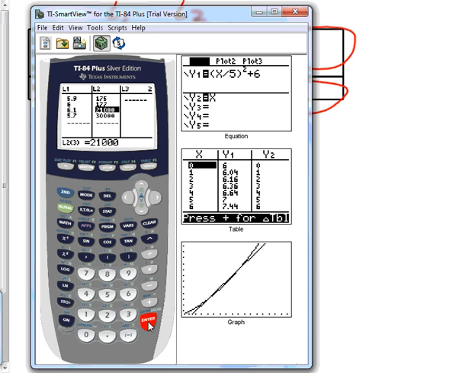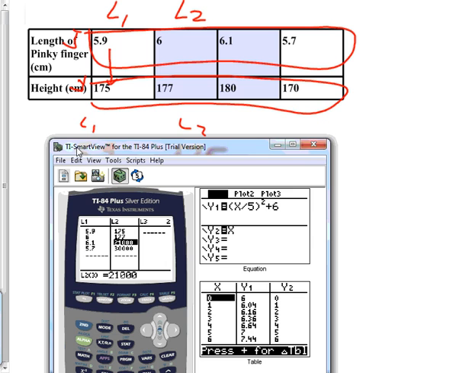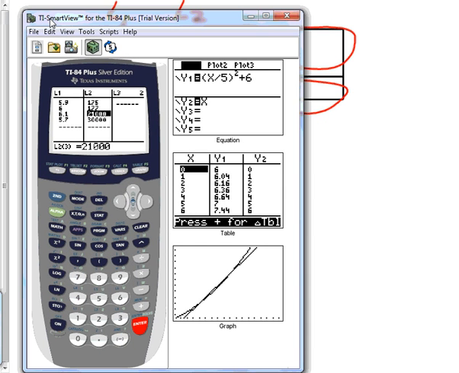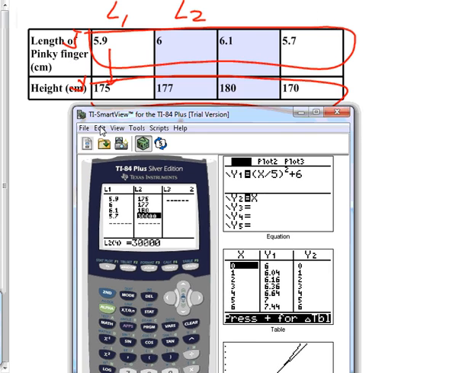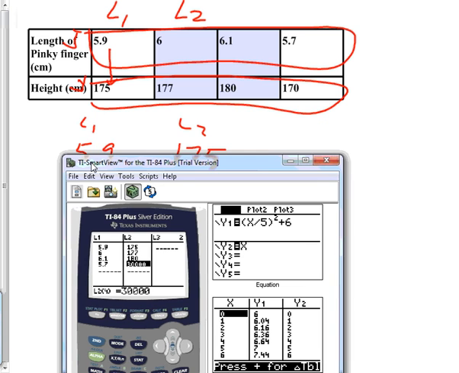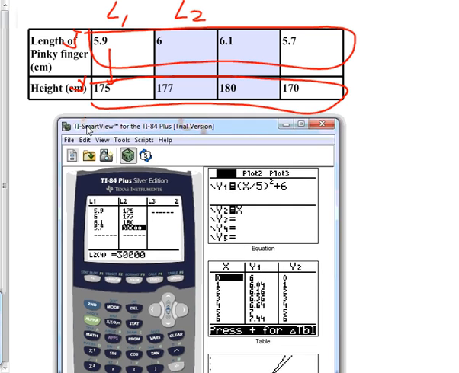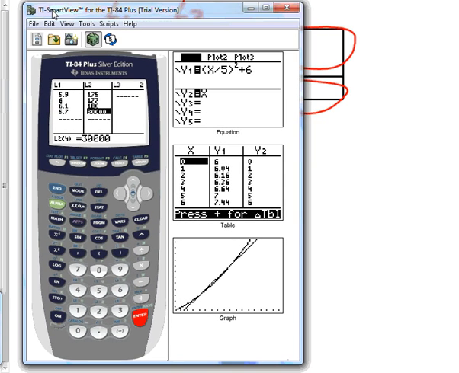I actually went around and measured pinkies in the math office. 6.1 is 180. 180. You should see the weird looks you get from people when you say, hey, hold up your pinky. 180. One person made me do it again because she had a freakishly long pinky. 5.7 and 170. For her size. I won't name any names or anything, Mrs. Richens. Okay.